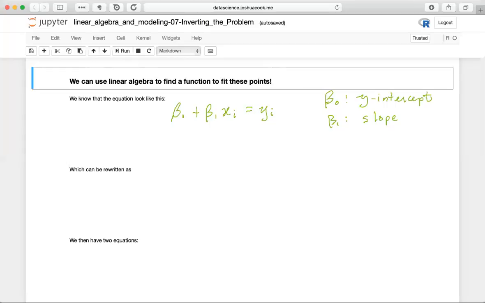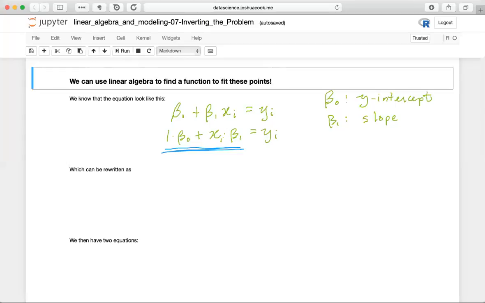Now I can rewrite this as 1 times beta 0 plus x sub I times beta 1 is equal to y sub I. Now, you should notice that this is a dot product. I want you to start to be comfortable with the idea of dot products and spotting a dot product when you see one.